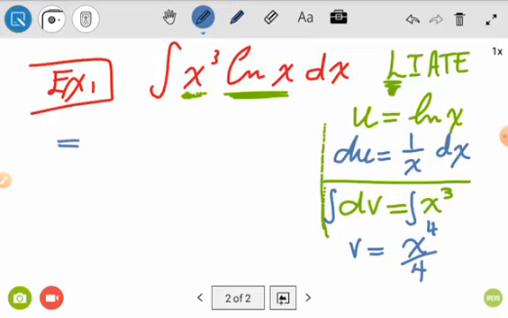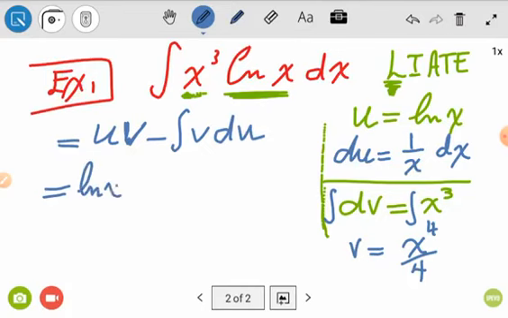We said that to use integration by parts, we should substitute in uv minus the integral of v du. Then here, what's the value of u now? u is ln x.